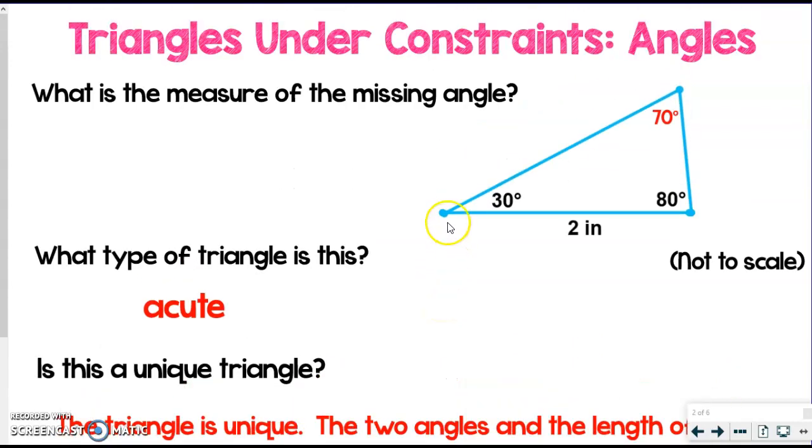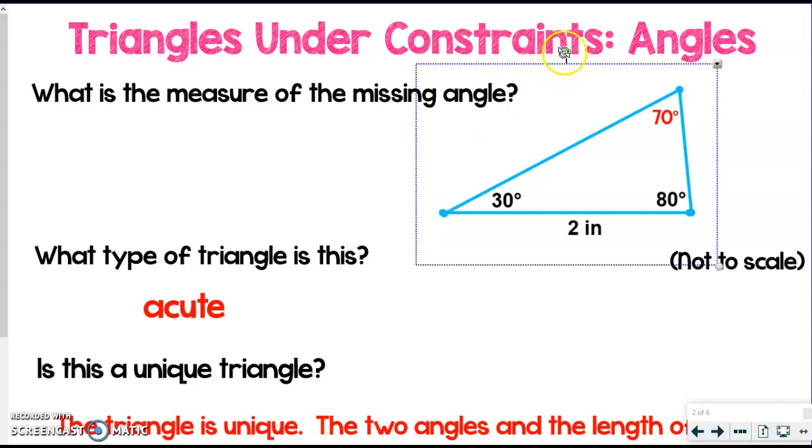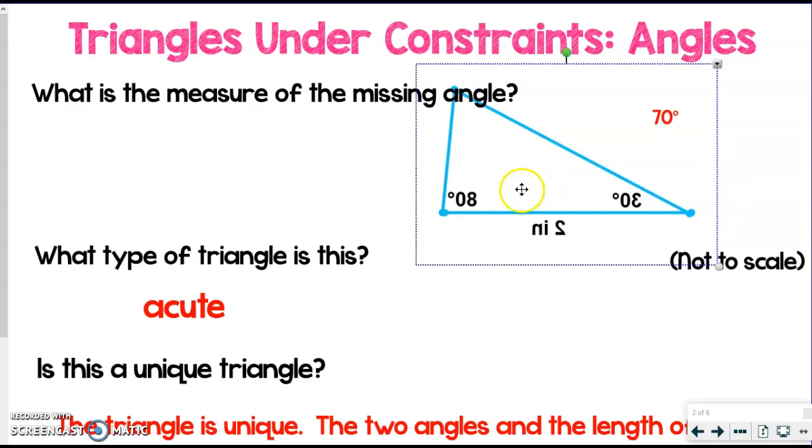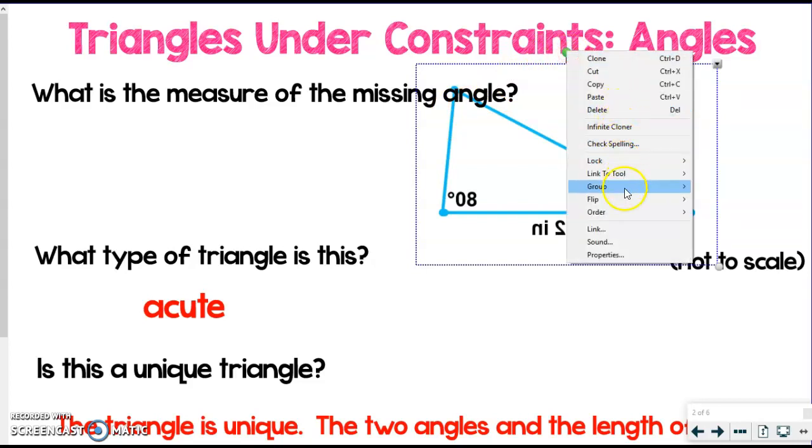Now, that doesn't mean I couldn't flip it around and have the 30-degree angle here, 80 here. But because I have to have both of those, they are still going to create this 70-degree angle here. I know I moved it, but that's going to have to be there no matter what.